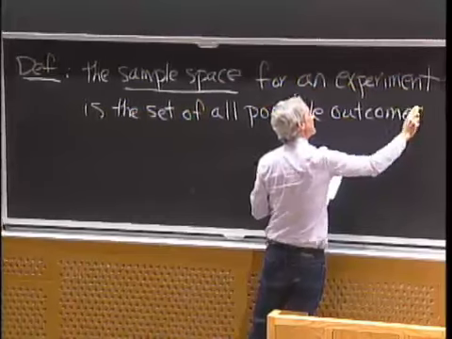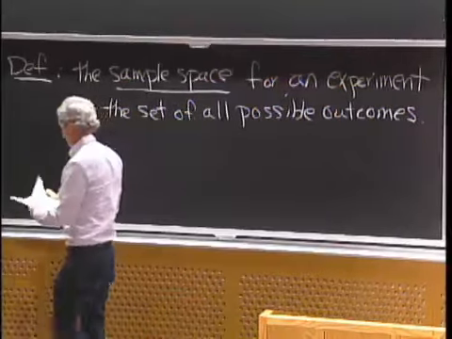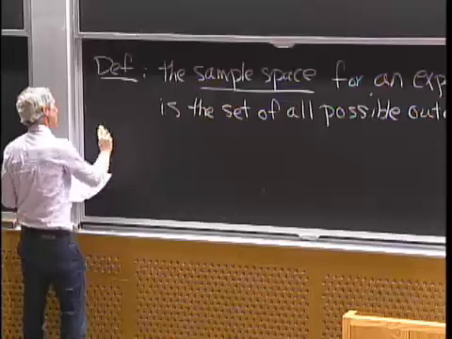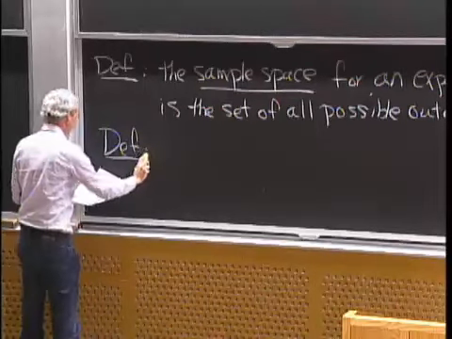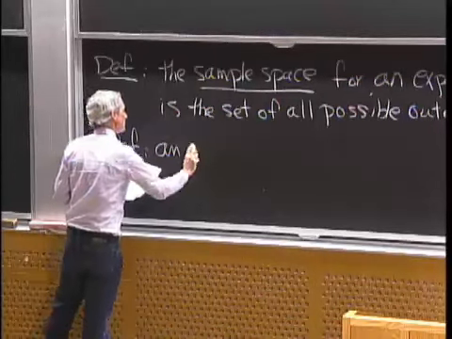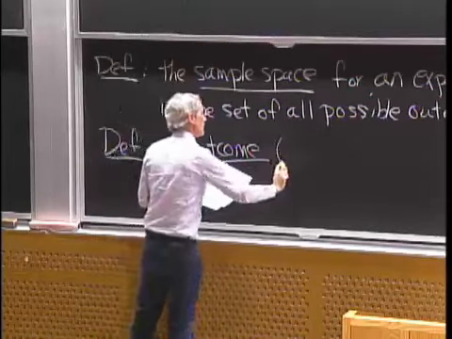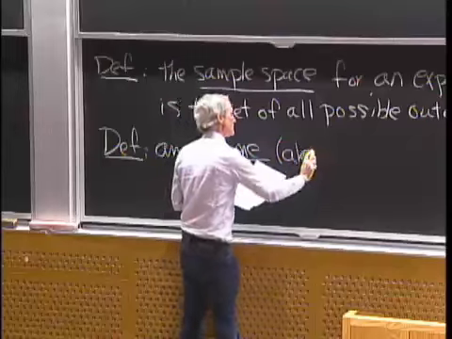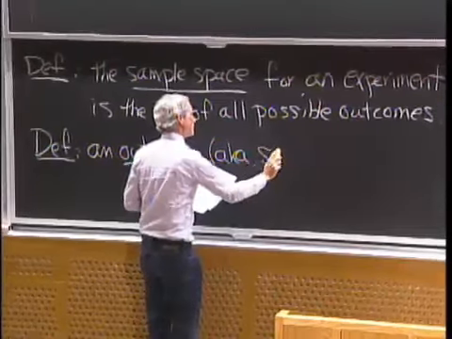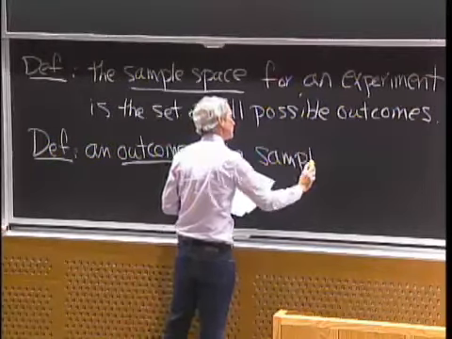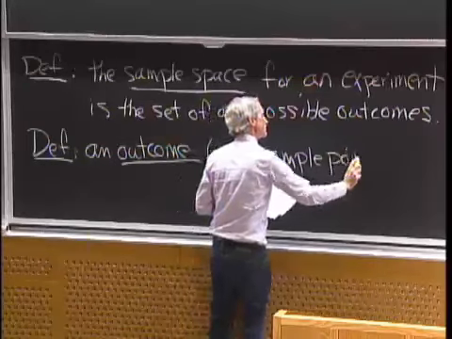In fact, let me define an outcome, also known as an atomic event or a sample point. An outcome, also known as a sample point, we'll use those terms interchangeably.